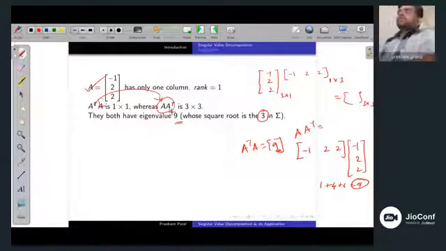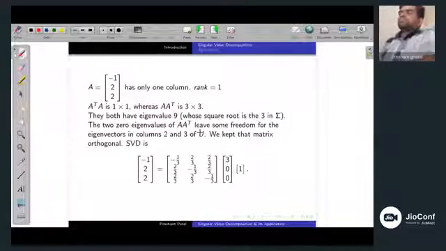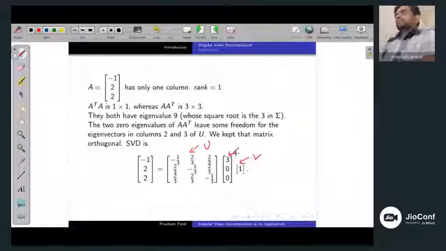In a similar way you can calculate A into A transpose, which is a 3 by 3 matrix. I have already calculated what U, V, and sigma are.